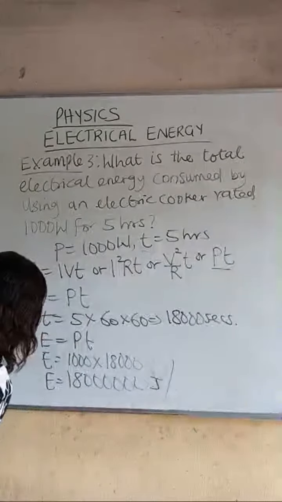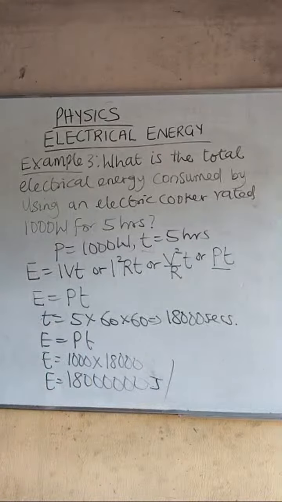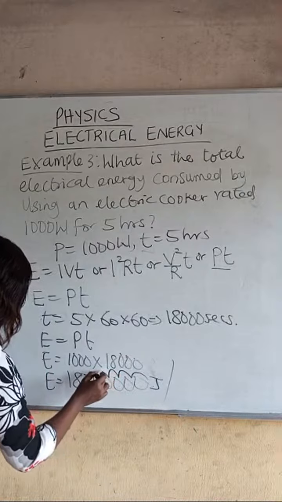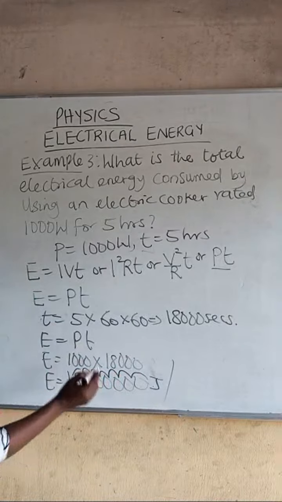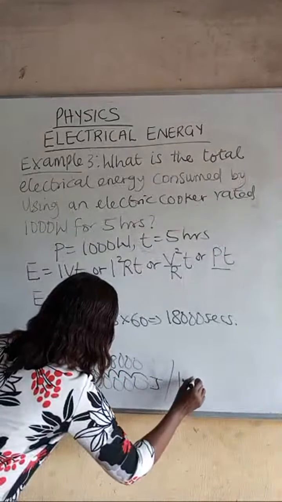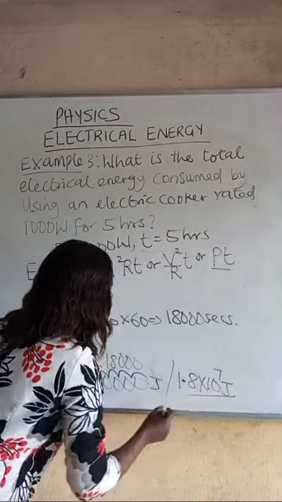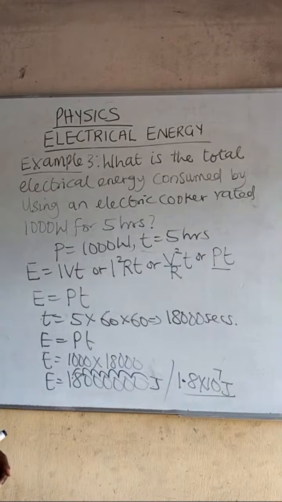Or we can put it in standard form: counting 1, 2, 3, 4, 5, 6, 7, I would say 1.8 times 10 raised to the power of 7 joules. Do you understand?